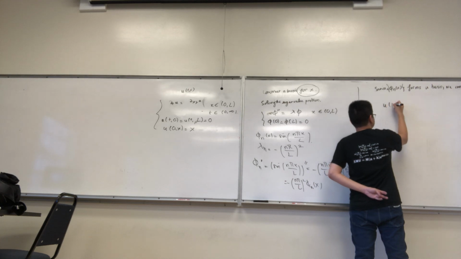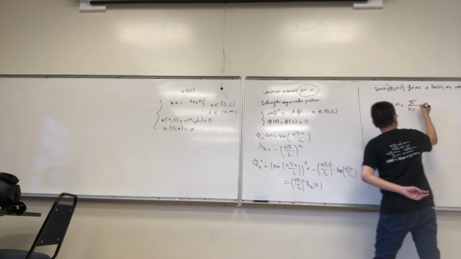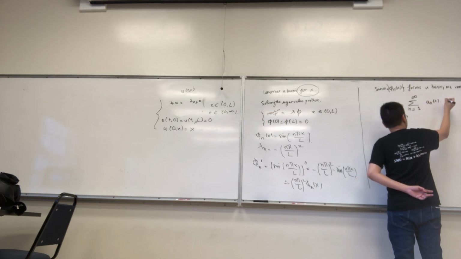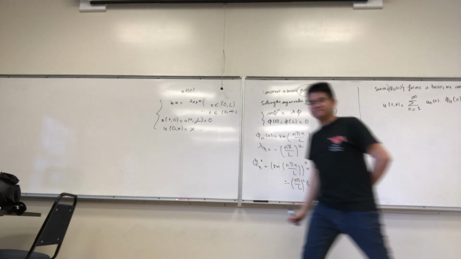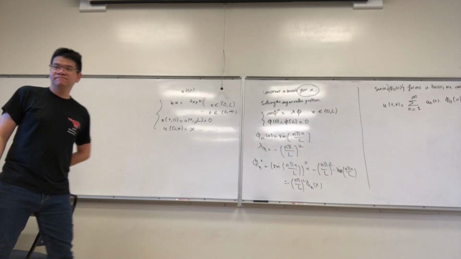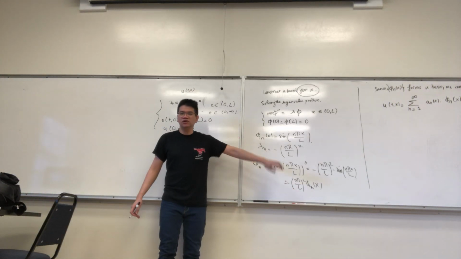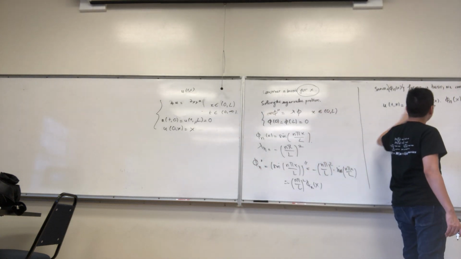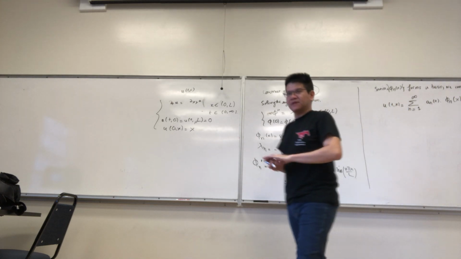So you have u(t, x) is going to be the sum, when n is going from 1 to infinity, of a_n(t) times phi_n(x). Because this is a basis, you can do a projection of u onto these spaces.